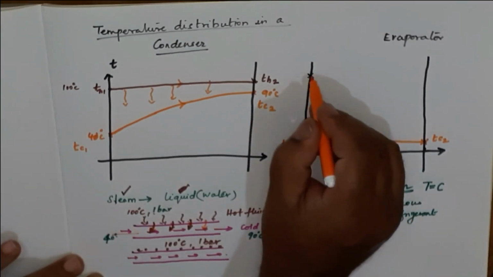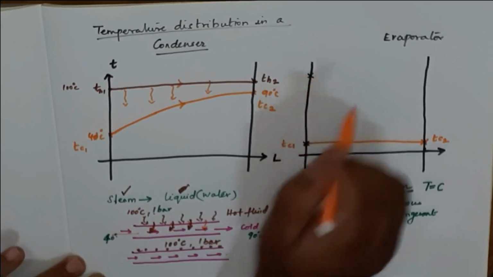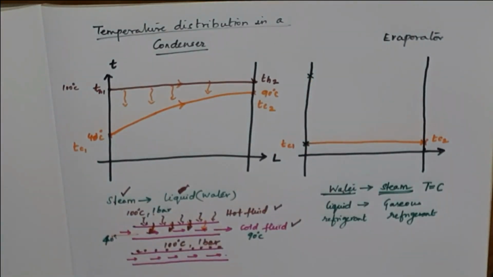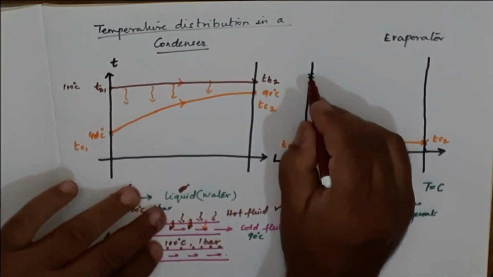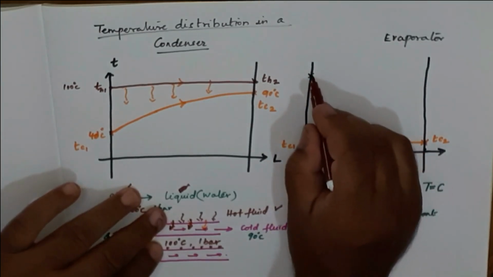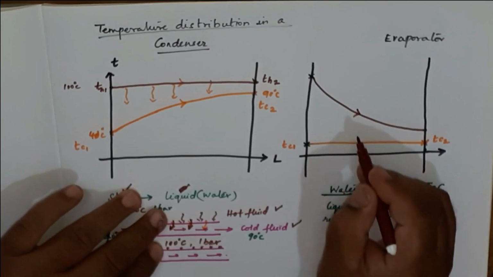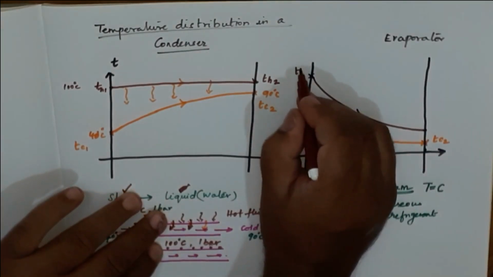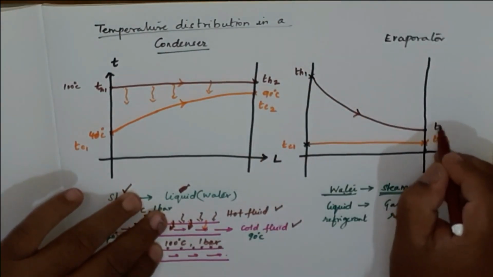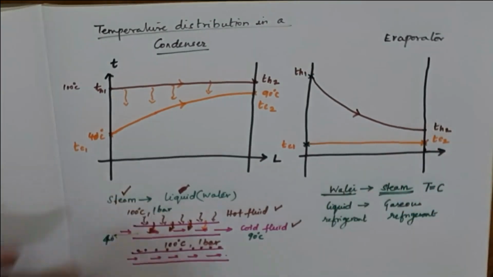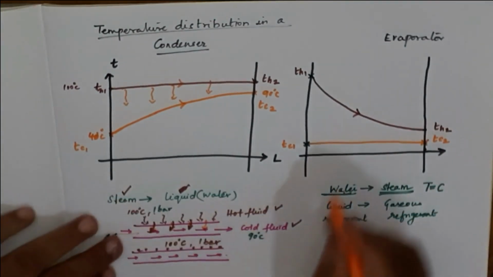Now the hot fluid, whatever hot fluid exchanges heat here, gradually as it comes in contact with the liquid, its temperature decreases. So this is the temperature of the hot fluid at inlet and the temperature of the hot fluid at exit. I hope you understand.